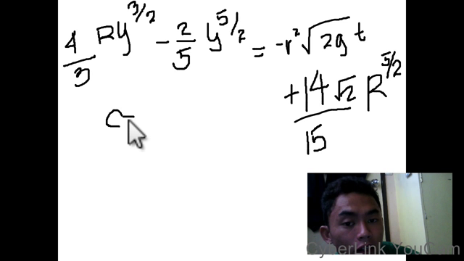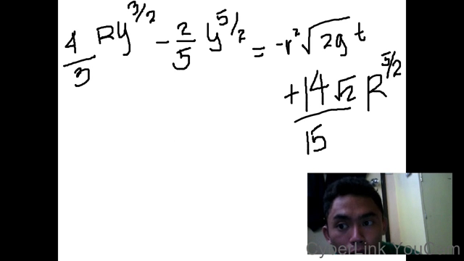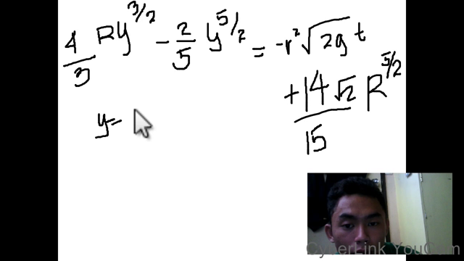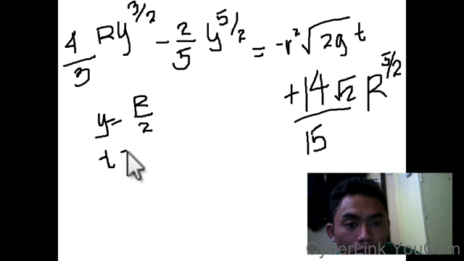So y is equivalent to r over 2, one half. And at that point, what is t?